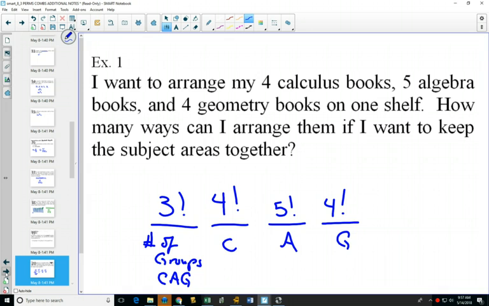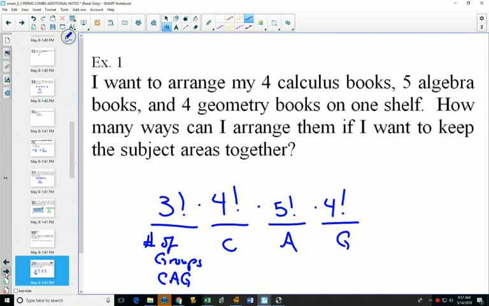Then within each group we have to say, that's another decision, once I get to my calculus books, how many ways can I arrange them? And then how many ways can I arrange my algebra books? And because it's the decisions one, whatever answers we get here, we multiply them all together. So we use the grouping strategy anytime you want to have certain things together.